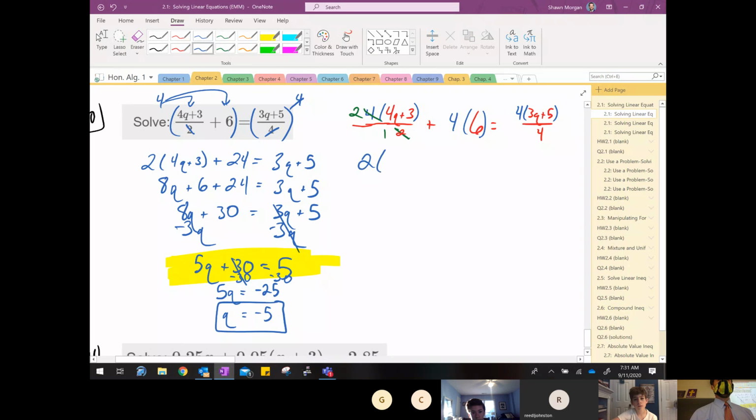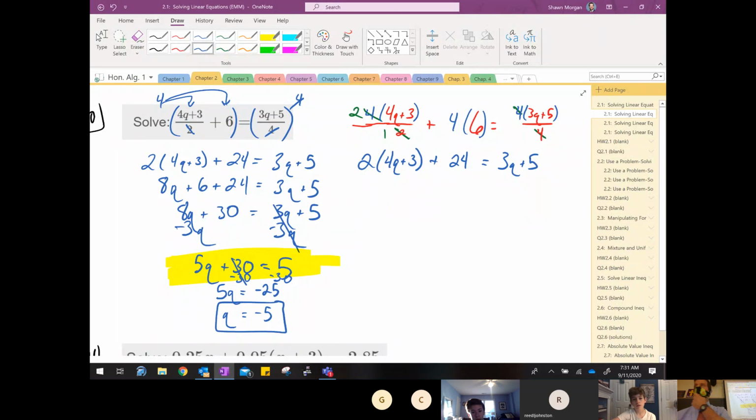Here we got 24. And over here, look at what cancels out. The 4 cancels out in its entirety, so we did not have to do any kind of distribution there. Lewis, does that make sense? Yes, sir. All right, very good, awesome.